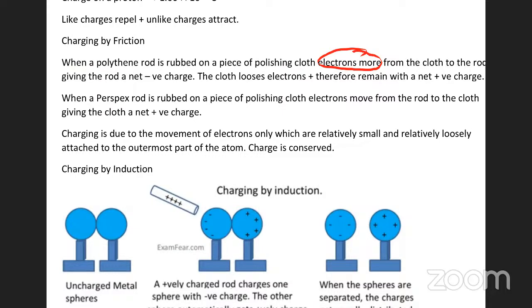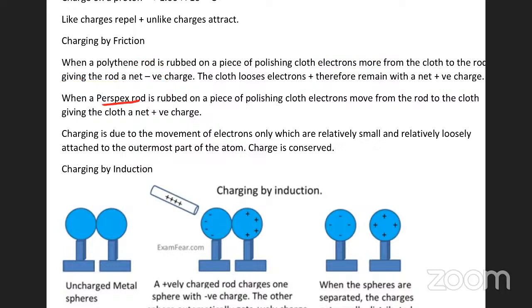So when you have a piece of cloth and you're rubbing against a rod, the electrons move from the cloth to the rod, giving the rod a negative charge. So wherever the electrons go will become negative. Everybody okay with that? And wherever the electrons left from becomes what, Kilon? Positive. Nice. The cloth loses electrons and therefore becomes positively charged. That's okay? Easy, right?